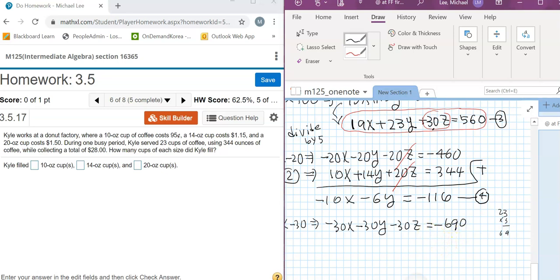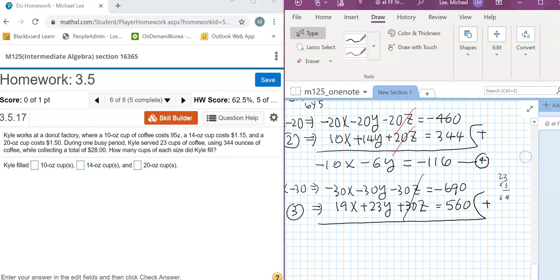Okay, I'm going to put equation 3 underneath. So 19x plus 23y plus 30z equal to 560. So again, I'm going to add these two. Hey, they cancel again, is that right?